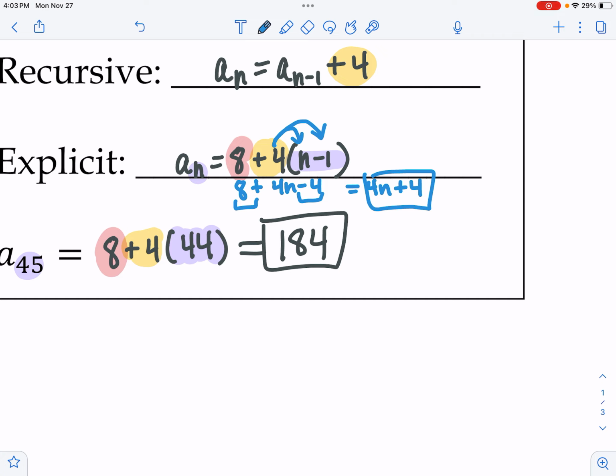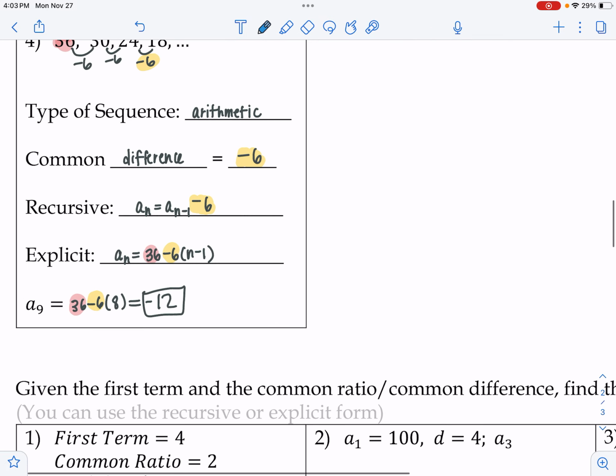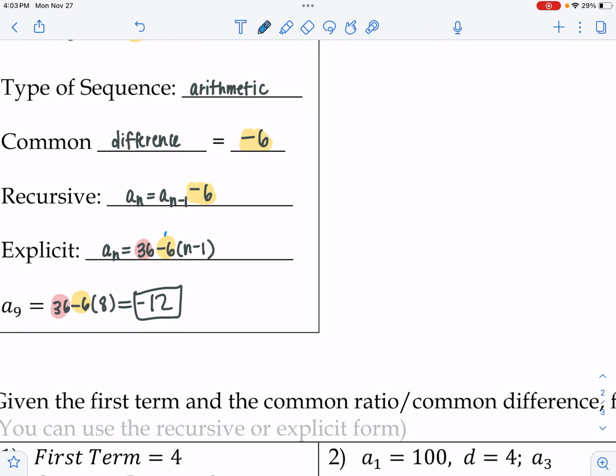And so that would be the simplified form. Okay, this is only for arithmetic. And so like on this one, they would distribute the negative 6. Be careful with distributing the negative 6. You get negative 6n plus 6 because we're multiplying by a negative. And then that 36 plus 6 would be 42.